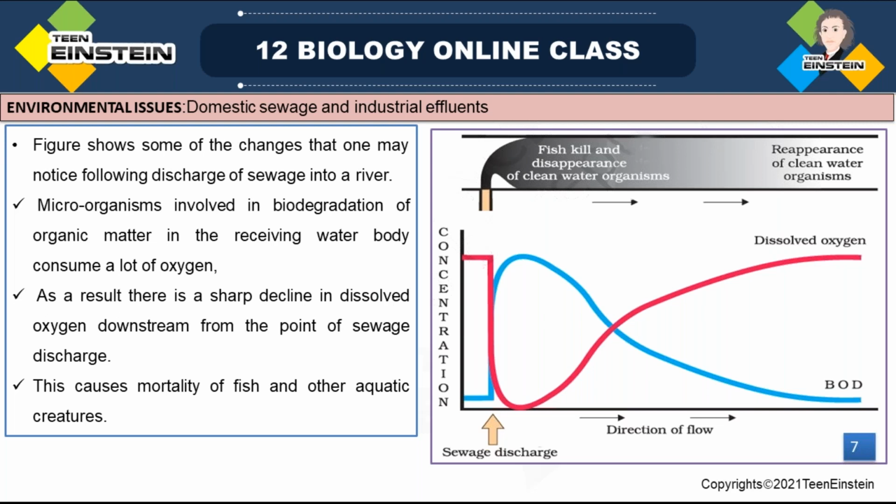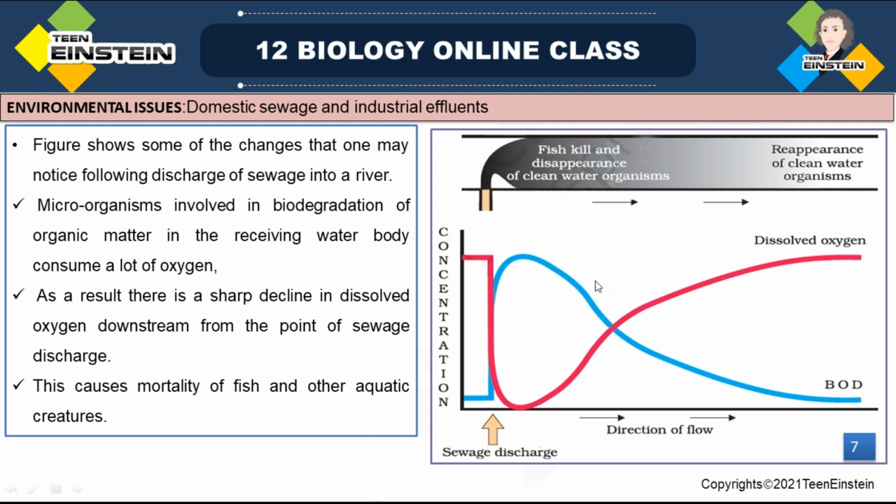In that, the microorganisms involved in the biodegradation will consume a lot of oxygen, and as a result of that oxygen utilization, there will be a decline. A sharp decline you can expect in the dissolved oxygen at the point of sewage discharge.